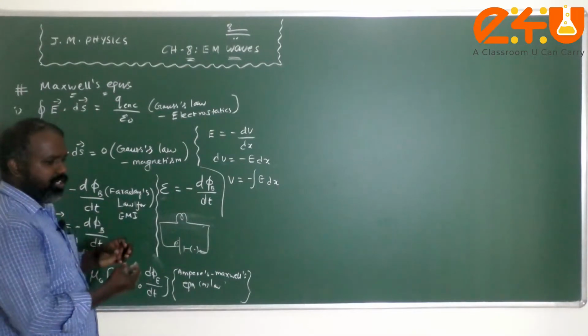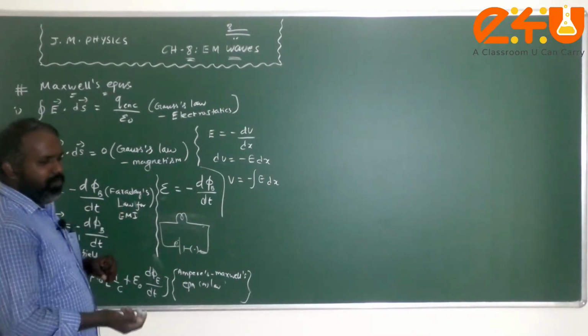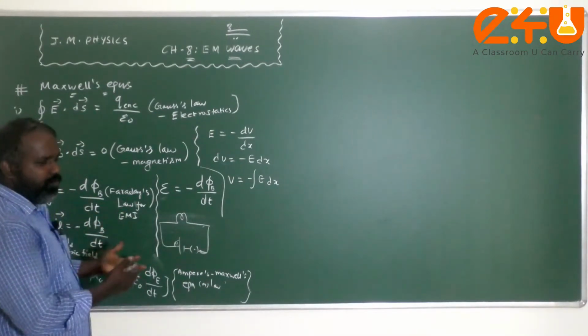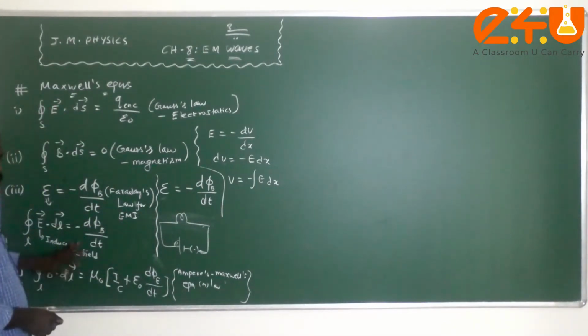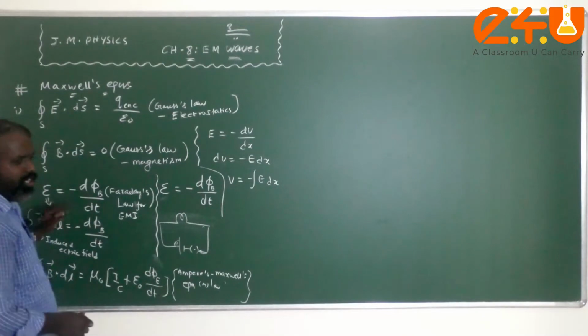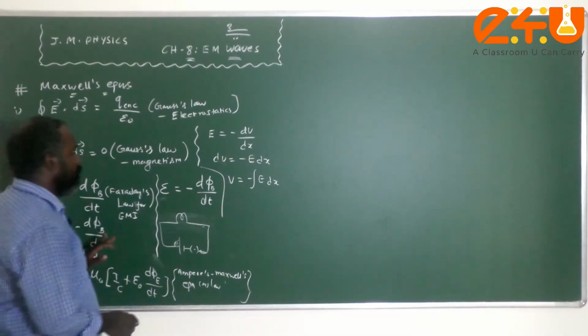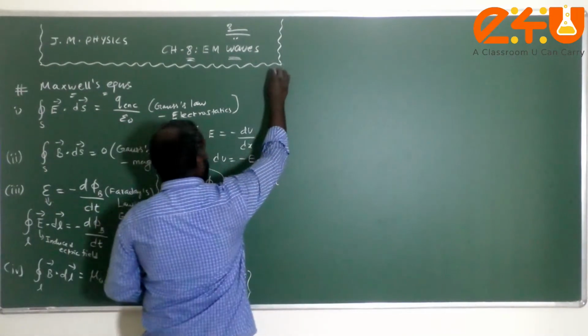There is a correlation between electrostatics and magnetostatics, or electric property and magnetic property, all given by a set of equations known as Maxwell's equations.